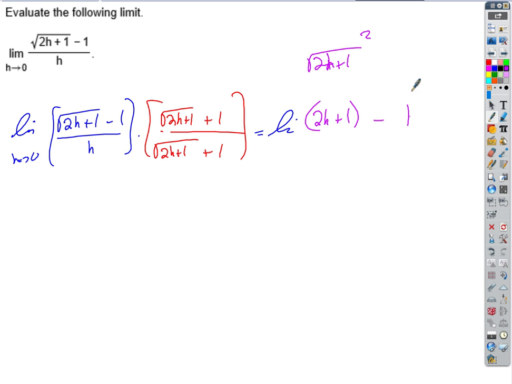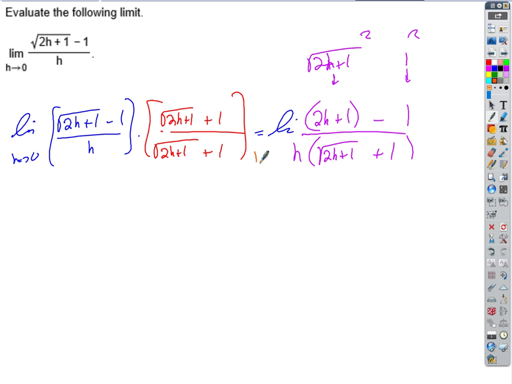Minus 1, which is just 1 squared. Okay, that's fine. Then on the bottom, we get this whole mess, right? That's okay though. I know it looks terrible, but just think into the future, when we let h go to 0, that's not going to be a big deal to evaluate, right? So on the bottom, we have h times the quantity, square root of 2h plus 1 plus 1.